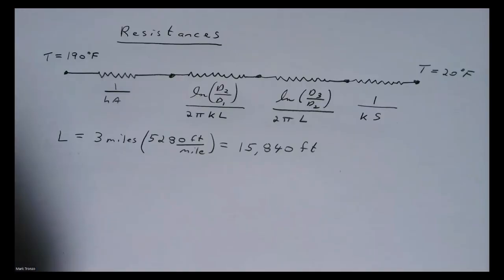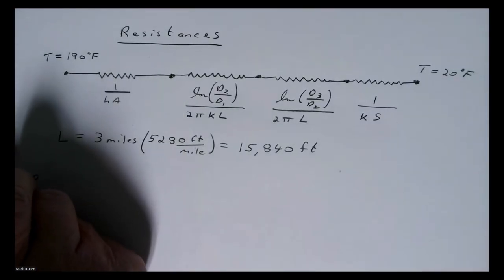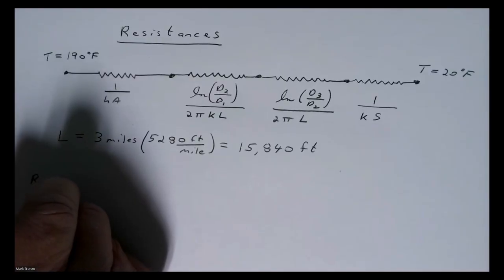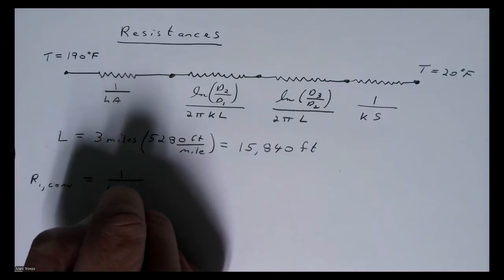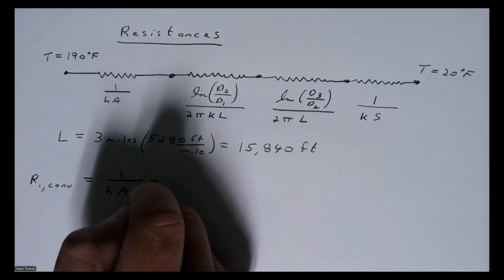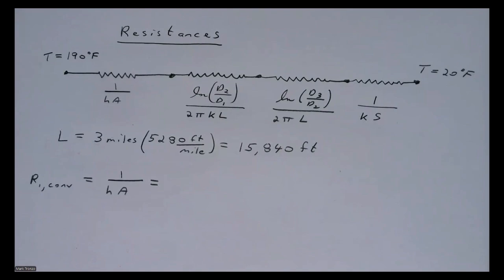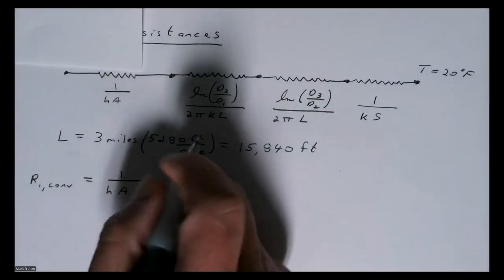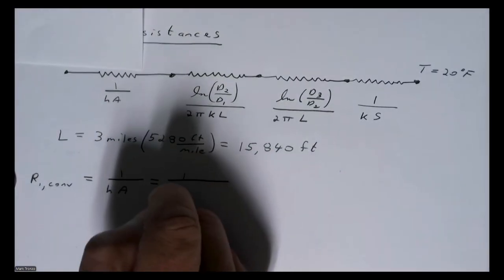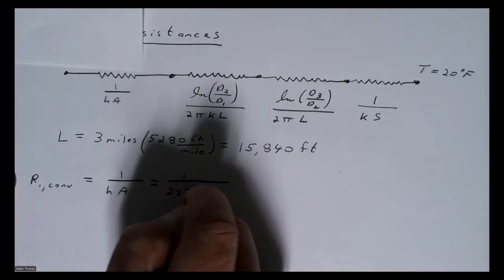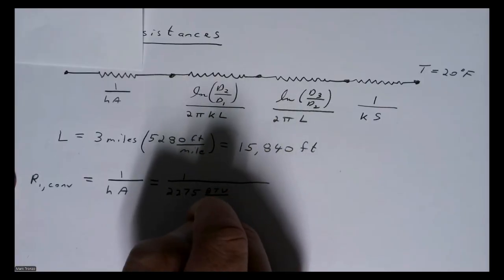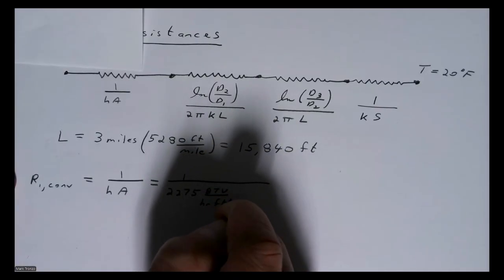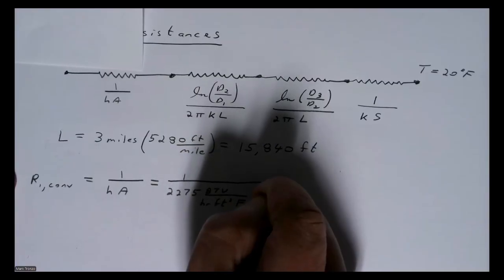So now let's calculate the first one, R1 convection. That's going to be 1 over hA. And again, we know what h is: our 2275 BTUs per hour, feet squared, degrees Fahrenheit.